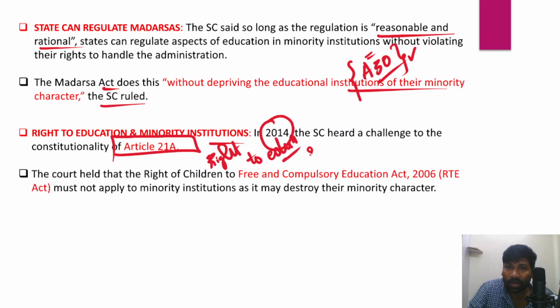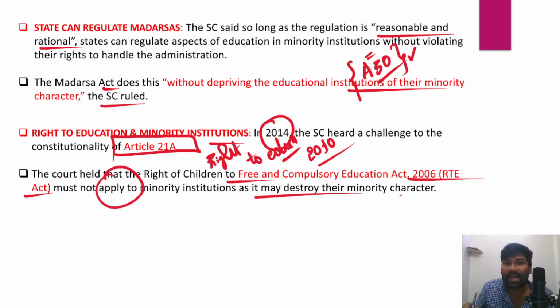It has been part of the fundamental rights since 2010, and the court held that the Right of Children to Free and Compulsory Education Act 2009, also known as the RTE Act, must not apply to minority institutions as it may destroy the minority character. In fact, minority educational institutions are protected by Article 30 of the Indian Constitution.